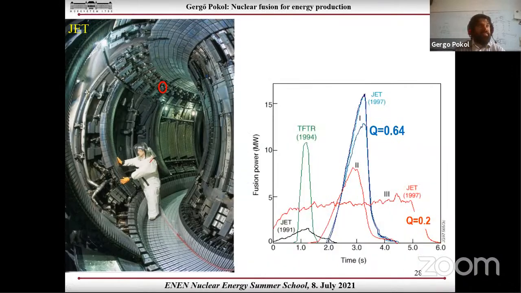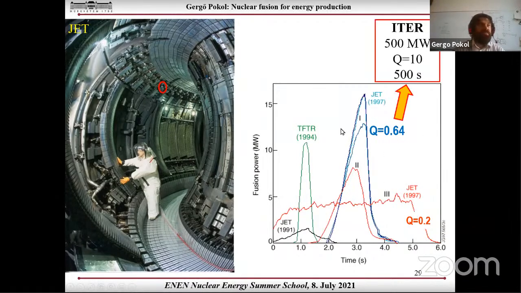That's kind of the record discharge that we have here. It's just a few seconds. It produced 16 megawatts of fusion power. That's quite high, it's on the industrial scale. Yet it needed 25 megawatts of heating power to achieve it. So we are not producing net energy yet. But still, that's what JET can do.